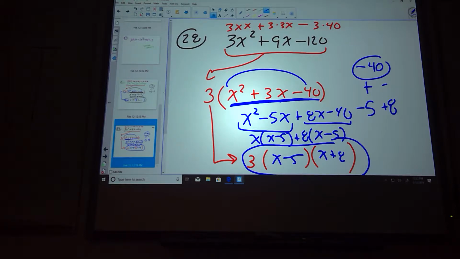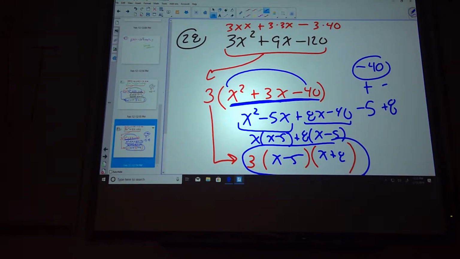What if it was like 3x plus 3 times 4x plus 3 times 40? So 3 is in there, so the 3 comes out of all of them. And the second one would be a 3 times 4x. Okay, I got it.